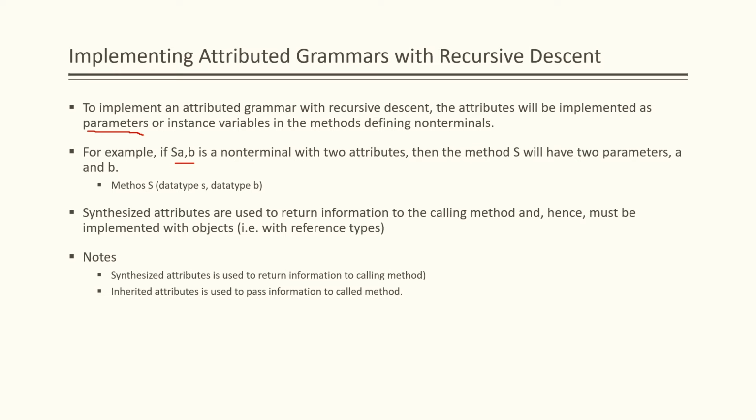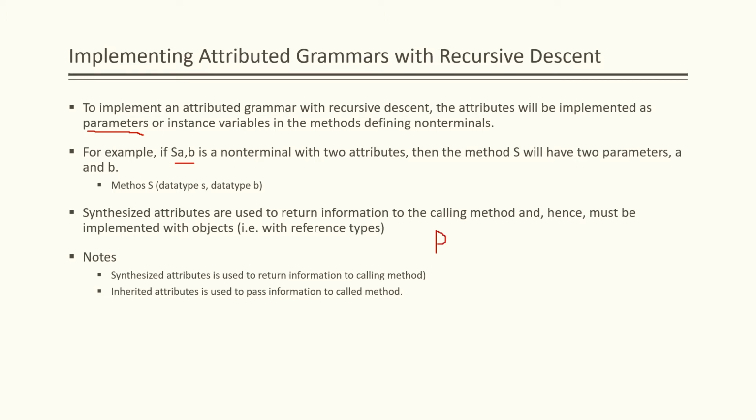Remember we talked about the synthesized attribute. It is actually used to return information. Let's say you have added A and B just now, or Q and R, P plus R. Then the result will be sent to Q, for example. Okay, let me write it down.